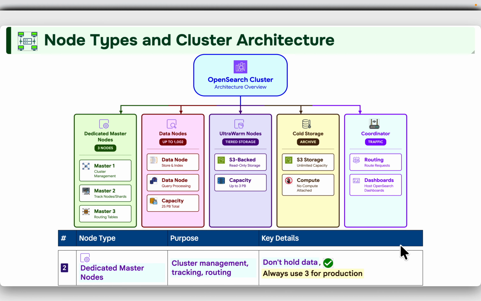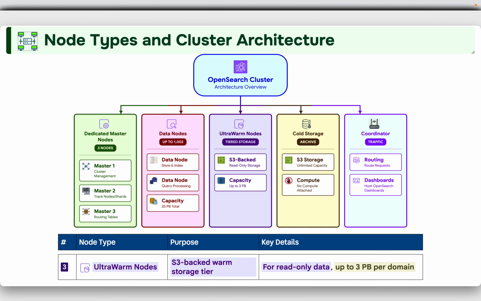Dedicated master nodes handle cluster management, tracking, and routing. They do not hold data, and you should always use 3 for production environments. Ultra warm nodes provide S3 backed warm storage tier. They are for read only data and support up to 3 petabytes per domain.